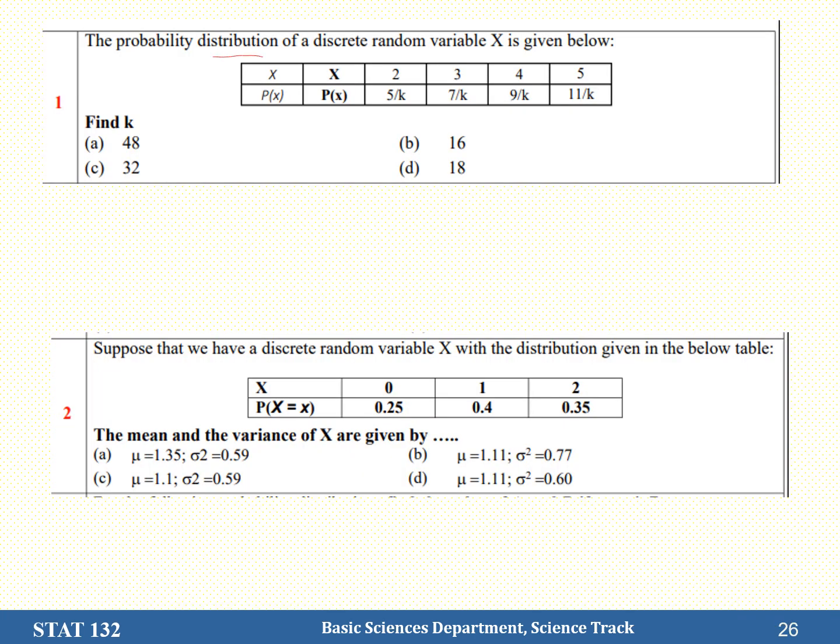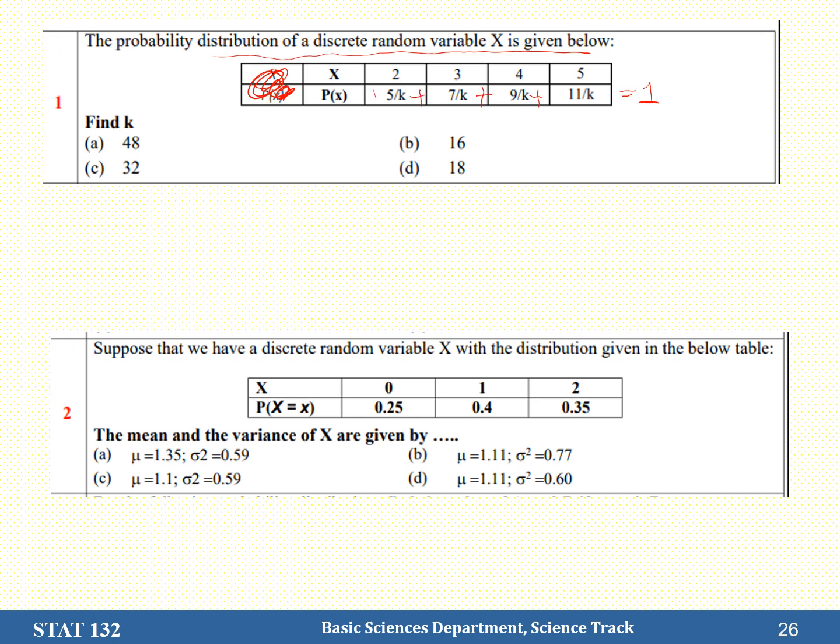1. The probability distribution of a discrete random variable x is given below, and I think this is an extra here. So find k. So we know that the sum of the probabilities should be equal to 1 if it's a discrete probability distribution.